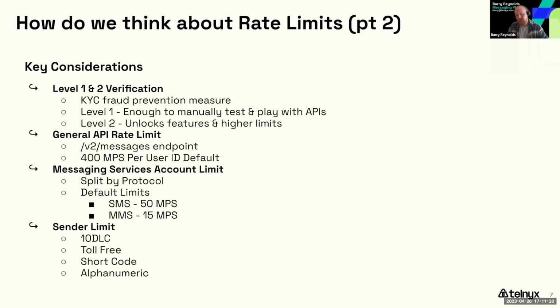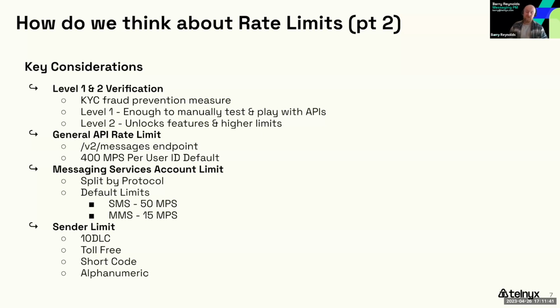Then we get into the messaging specific limits further into our stack, which, as we mentioned, has queuing and it's measured per part, not like your average API request will be at the edge. So for example, if you're level 2 verified, as we talked about, then you get this raised account limit of 50 MPS.